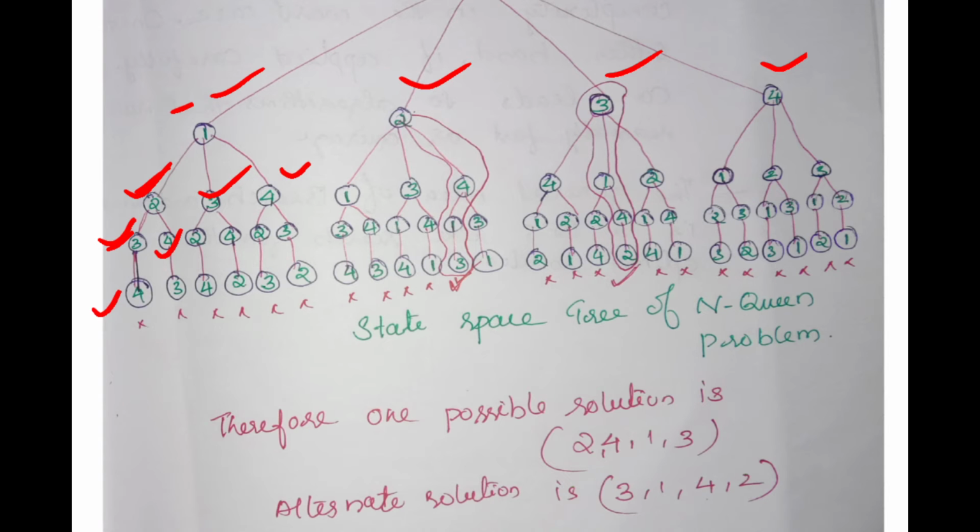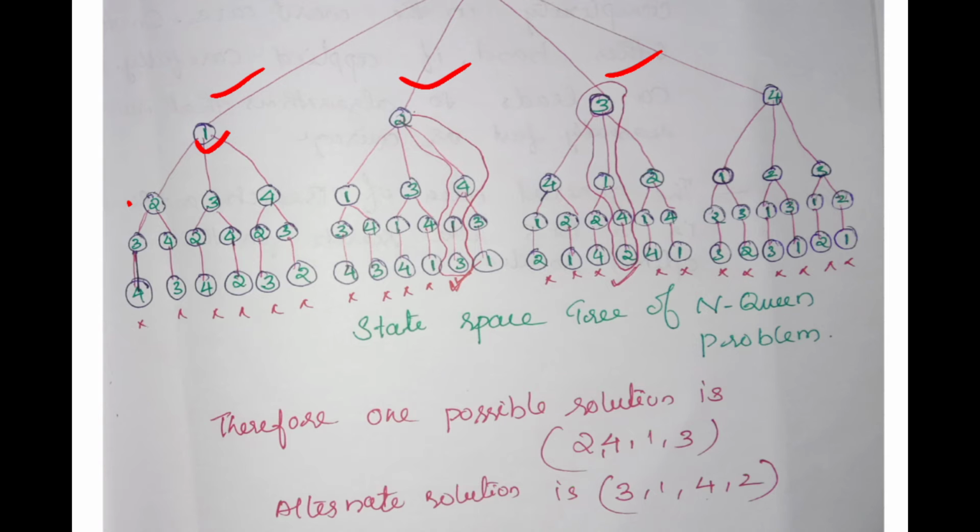The next section is 1, 2, 4, then the remaining number is 3. So 1, 2, 4, 3. I can't show all of this because it is very limited to draw this diagram.